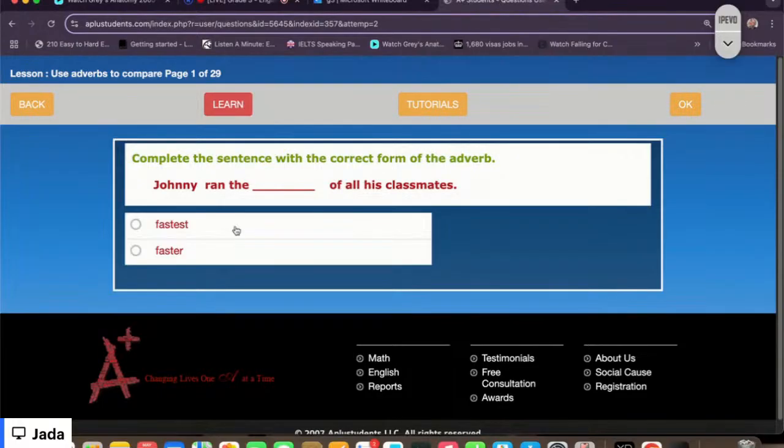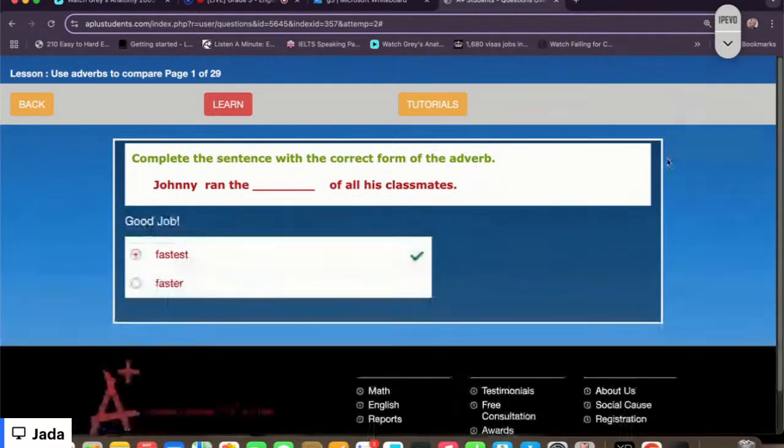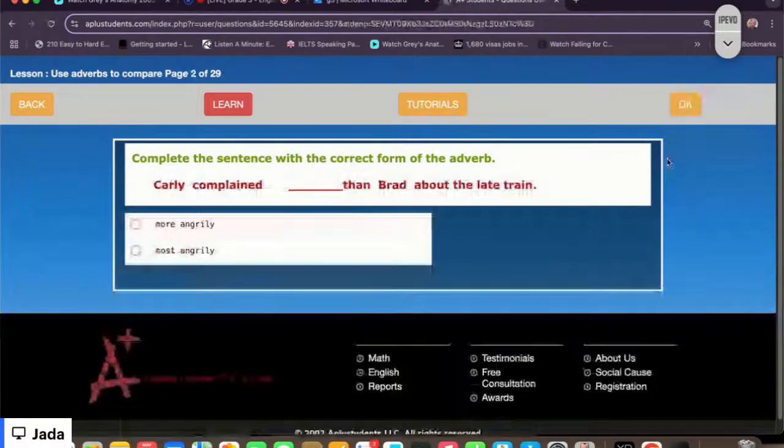So Johnny ran the fastest of all his classmates. You can see that it's comparing Johnny and all his classmates. So he could have 20 classmates, 30, we do not know. Okay? So Carly complained dash than Brad about the late train. So just between Carly and Brad. So is it more angrily or most angrily?